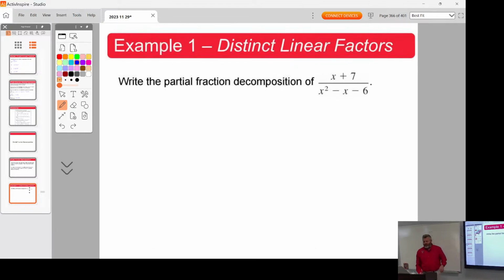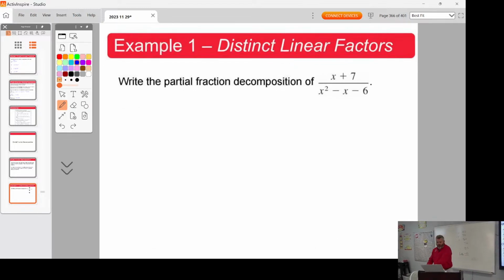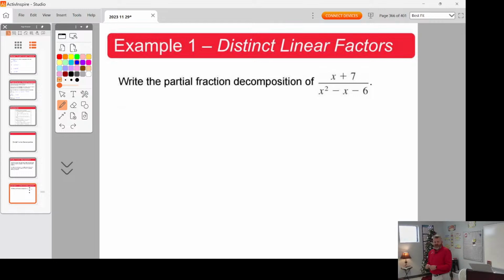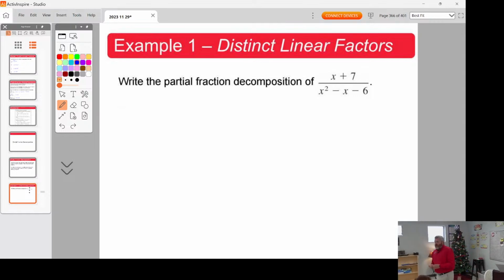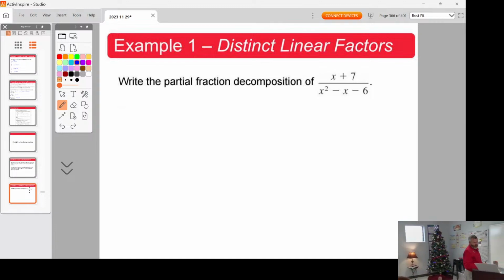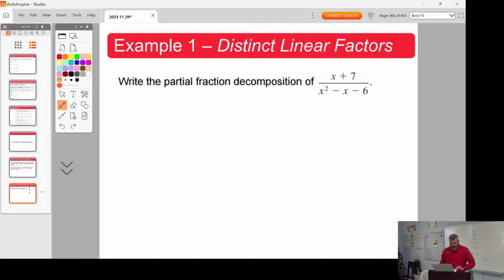All right, so here we go. Write the partial fraction decomposition of, does this guy look familiar? It's the exact same problem. Okay, so I'm going to show you the steps to get to that final answer that they got to a while ago. Step number 1, looking back on the notes, said divide if improper. Is that improper? So we don't need to do it. Step number 2, factor the denominator.